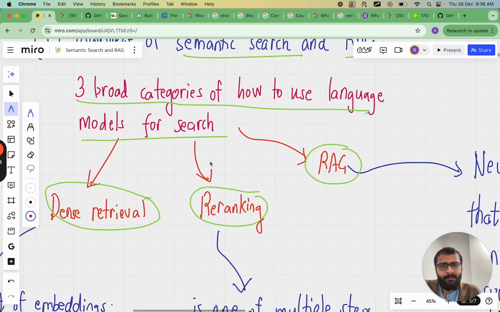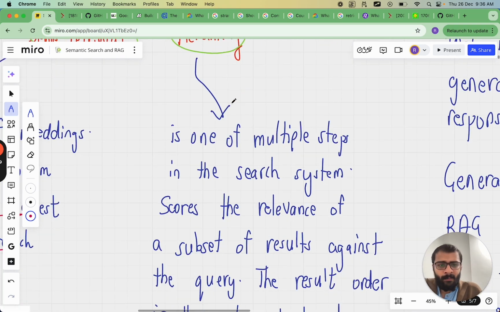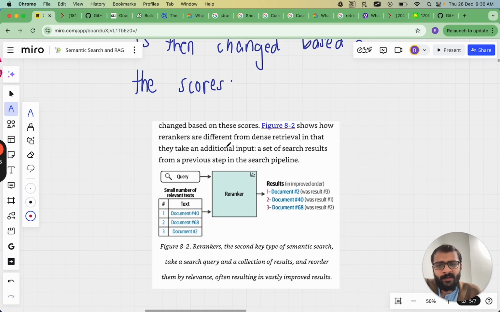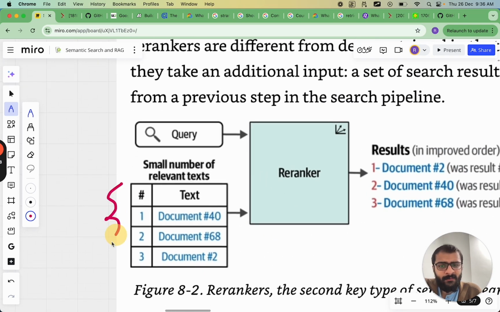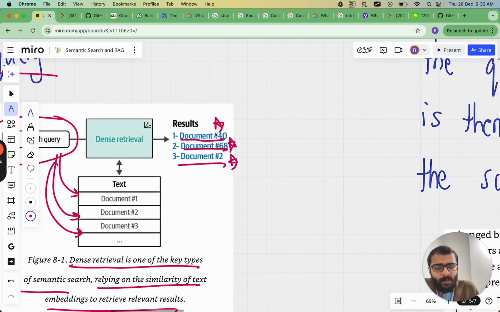The second category is called re-ranking. Re-ranking is a bit more complex. What happens in re-ranking is that, let's say some query has been made and we already have relevant documents, unlike this case, where we just got the relevant documents from the vector embeddings.